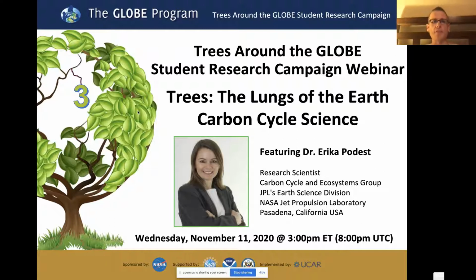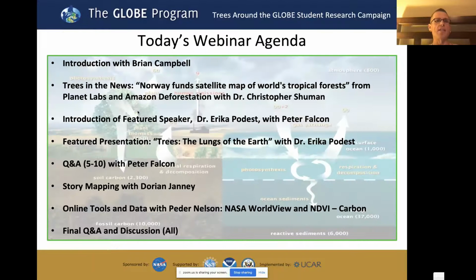So before we get to the feature presentation, we're going to cover some things, and I want to showcase for you this time what the agenda is going to be for today. I'm going to do this brief introduction like I do at the beginning of every one of the webinars, and then we're going to have Dr. Christopher Schumann talk about trees in the news and about Norway's fund's satellite map of the world's tropical forest from Planet Labs.